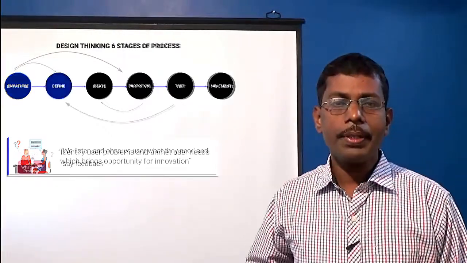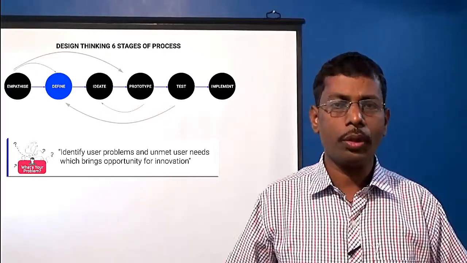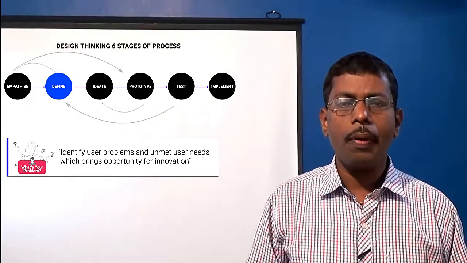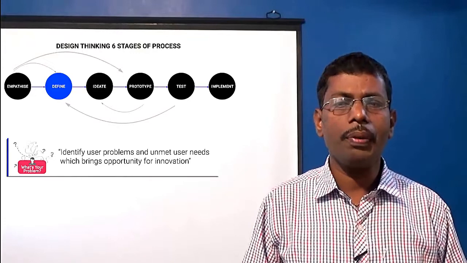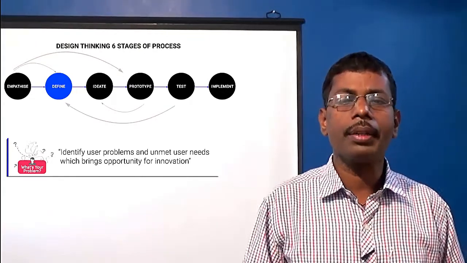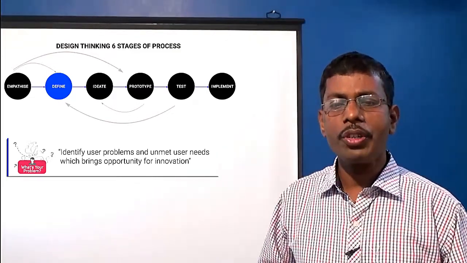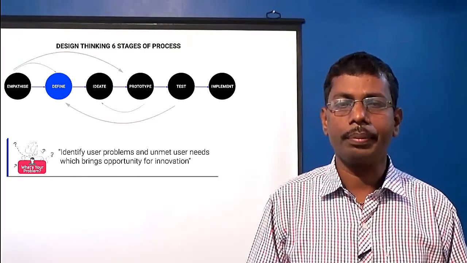The next phase is define, where we combine all your user research and observed data that you gathered in the empathize phase. Find where your users' problem exists, where they struggle when buying products, and what they need to accomplish their task more efficiently. Pinpointing users' needs highlights opportunities for innovation.